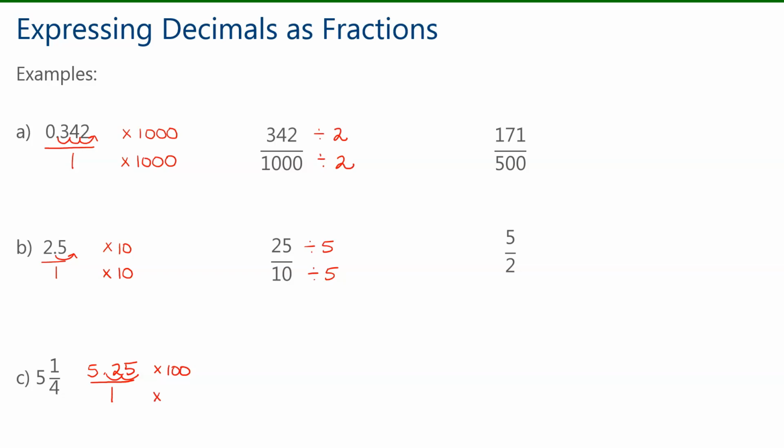And if I multiply by 100 on top, I must multiply by 100 on bottom. That will give me 525 over 100. Looking at 525 and 100, I can identify my greatest common factor as 25. So I divide the numerator and the denominator by 25, and I get 21 over 4.